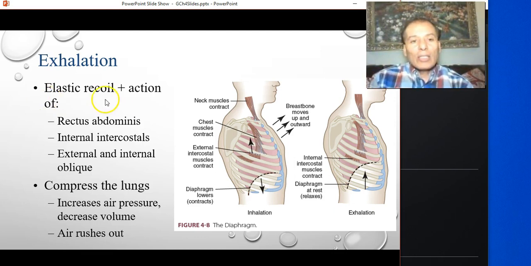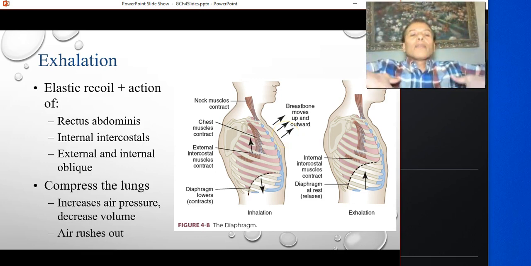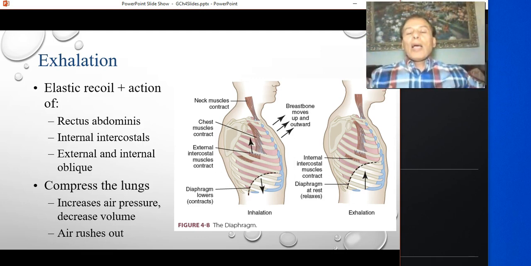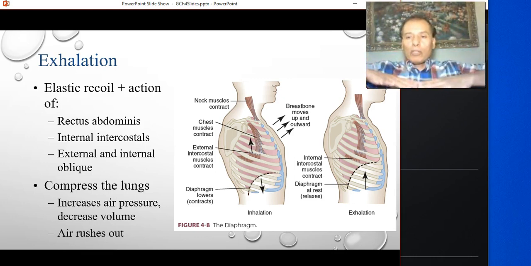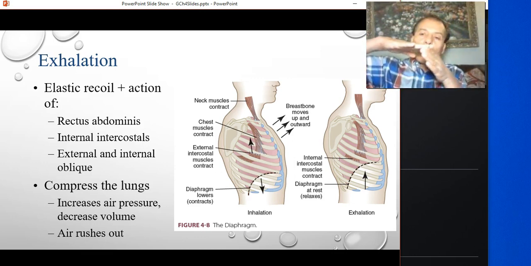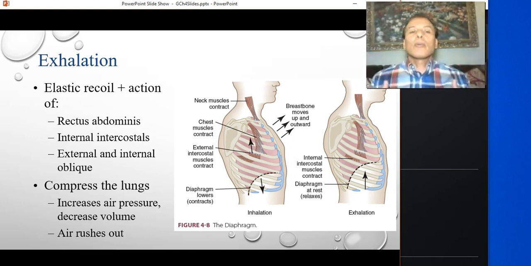For example, elastic recoil. When you are inhaling, you are lifting up the thorax, and the diaphragm is contracted going down, pushing on the abdominal viscera, the abdominal organs, and the abdominal organs are pushing on the abdominal muscles, making your stomach go out.